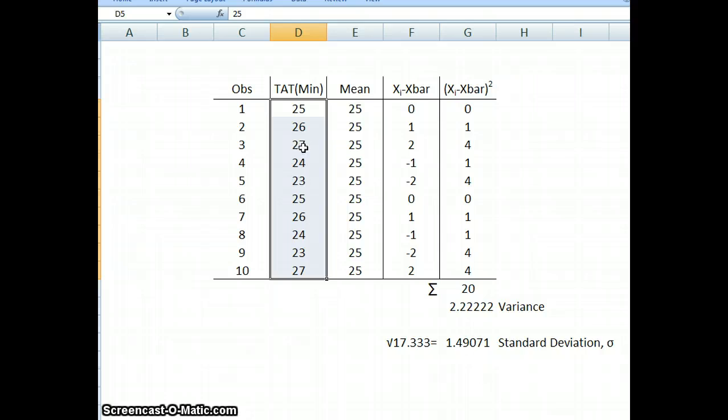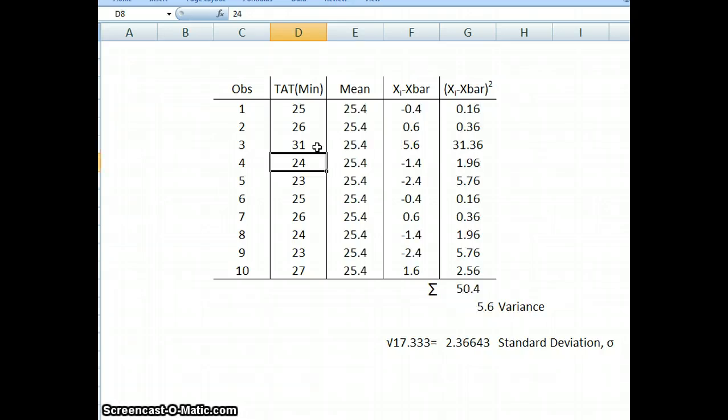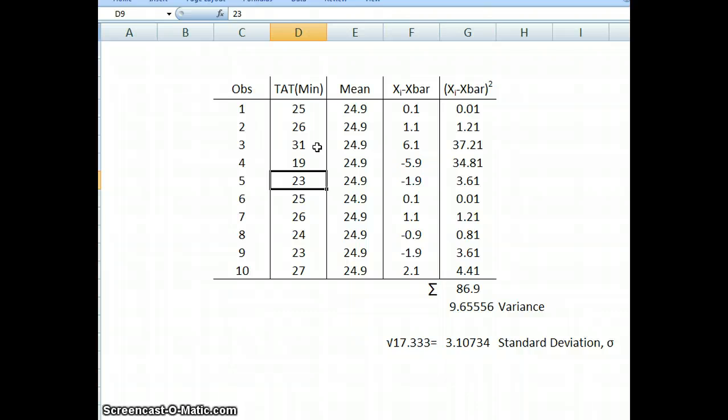Now, what if we put in a couple of crazy values here? What if we put in a 31 and a 19? Well, that leaves our mean at about the same, but it increases our standard deviation appropriately. What if we change them all to 31 and 19?